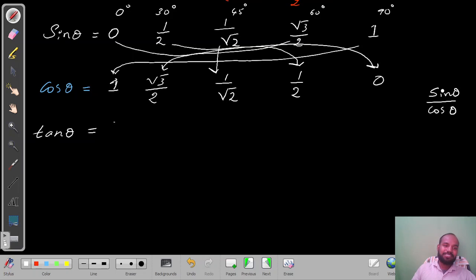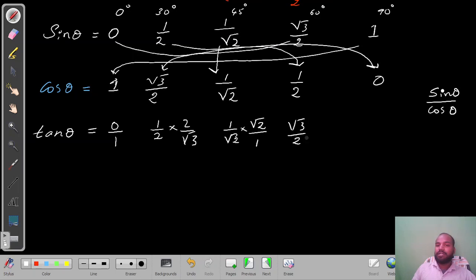Tan theta values are 0 by 1, 1 by 2 into 2 by root 3, 1 by root 2 into root 2 by 1, root 3 by 2 into 2 by 1.